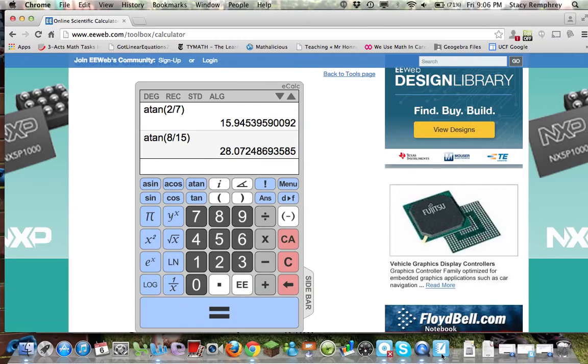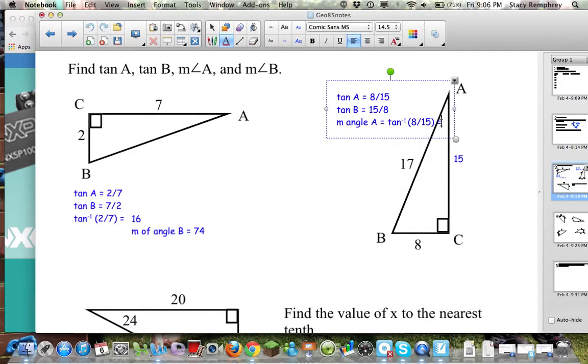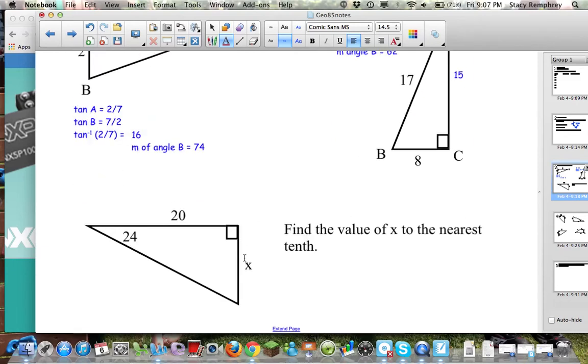I'm going to get about 28 degrees for that. And the measure of angle B, I'll just use the fact that there's 180 degrees, so that I believe is about 62 degrees. And that was just kind of going over those.